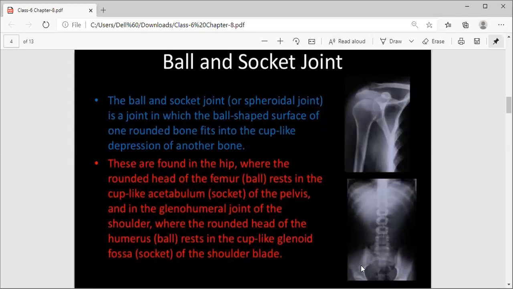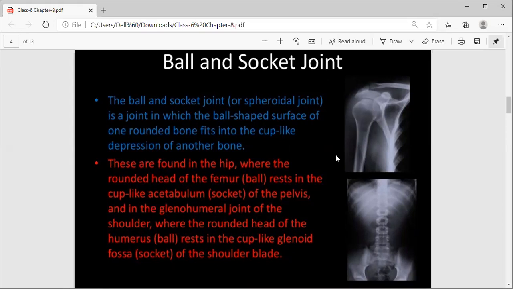So I want to say that the ball and socket joint is present in the shoulder as well as in the hip. I think it's very clear to you.